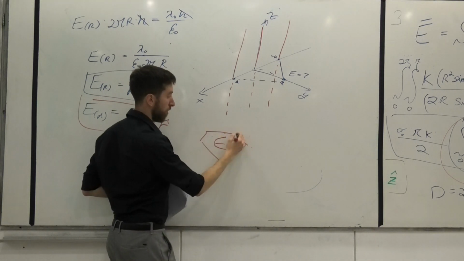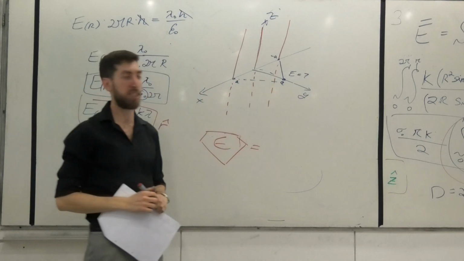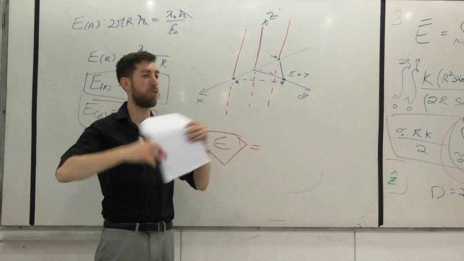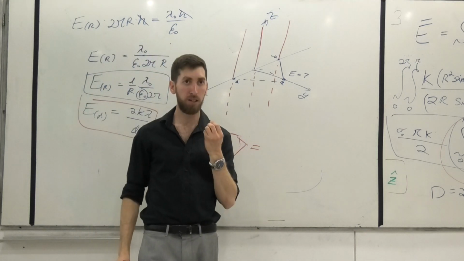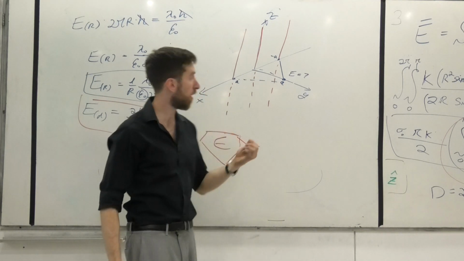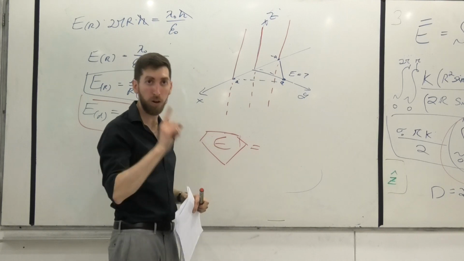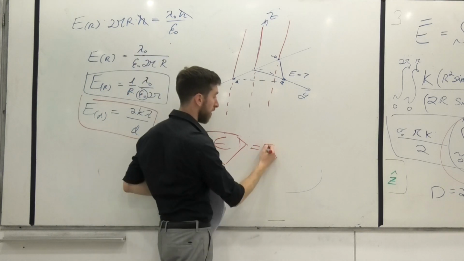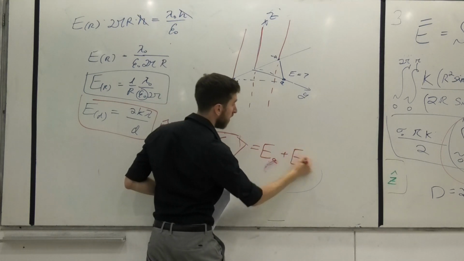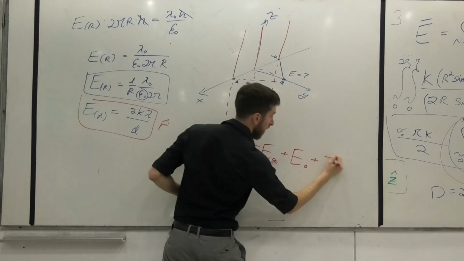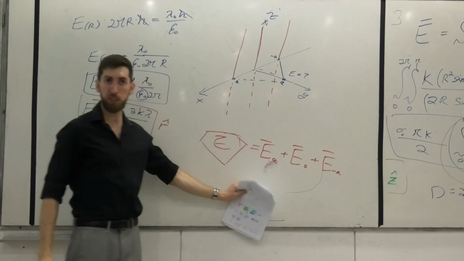I see a complicated task with a lot of wires and charges, but each one counts individually. So I can split this complex problem into three easy problems, each with only one wire: E_A plus E_0 plus E_minus A. That's going to be the solution.